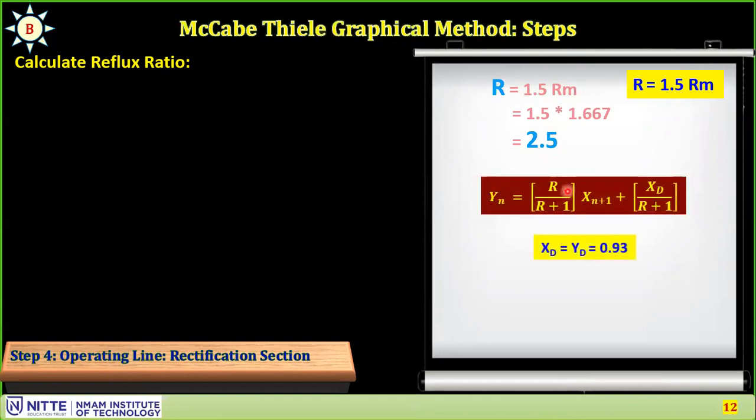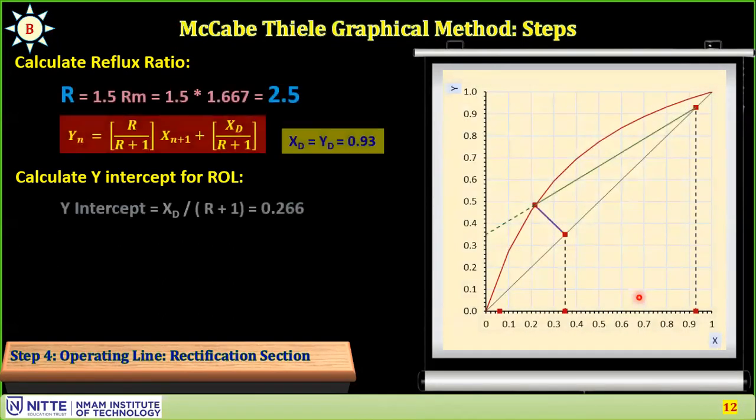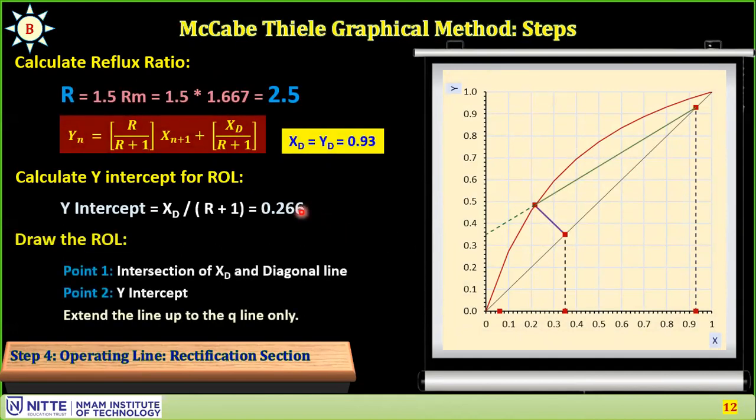We have the operating line equation as earlier. It passes through xd on the diagonal line, and the other one is the intercept xd by R plus 1. That information we have. So we can calculate that y-intercept, xd divided by R plus 1. Now R is 2.5, so you calculate and it comes out to be 0.266. So let us draw that.